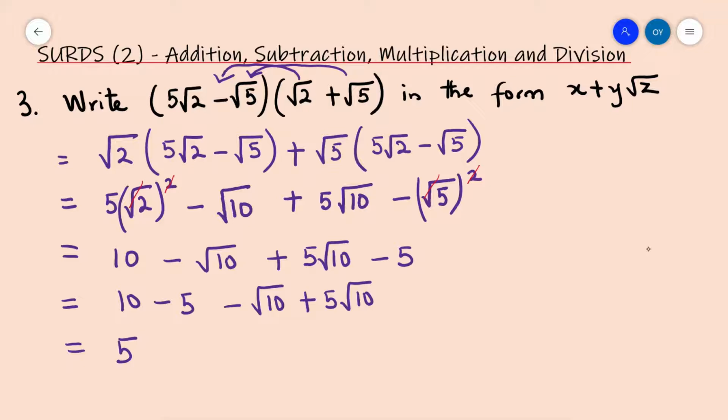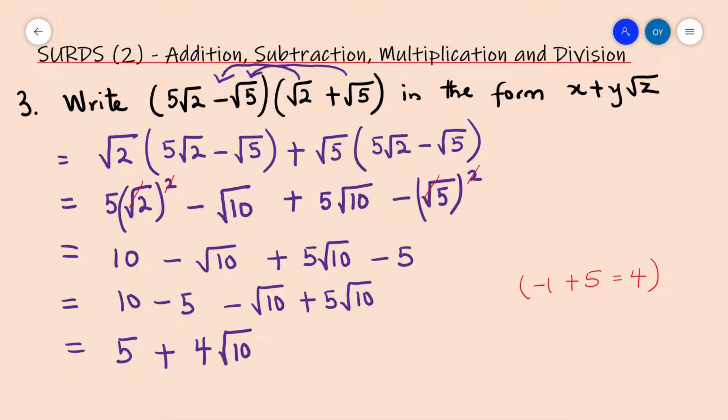Then negative root 10 plus 5 root 10 is plus 4, because that is negative 1 plus 5. This here means negative 1 plus 5, which is 4. That's positive 4. So now we have plus 4 root 10.